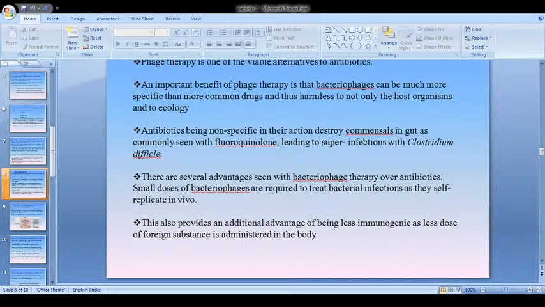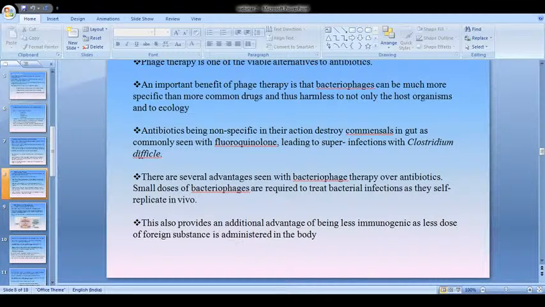This also provides an additional advantage of being less immunogenic, as less dose of the foreign substance is administered in the body. And the main concept of this bacteriophage therapy is that, as seen with the antimicrobial host, a single bacteriophage is sufficient to kill a single bacterium, not more than one bacterium. It will kill the single bacterium.